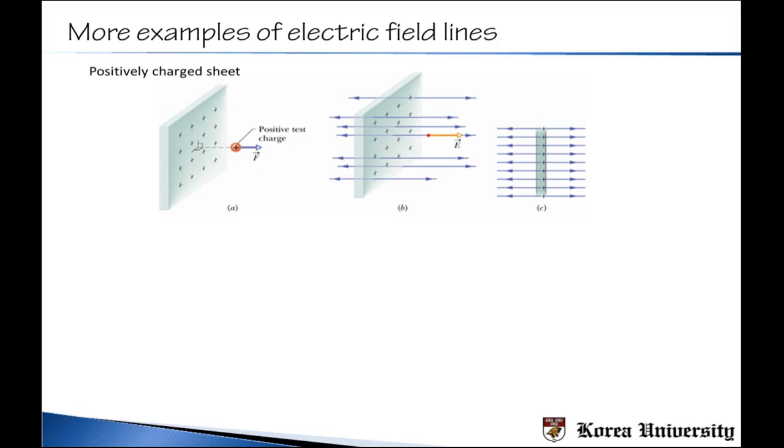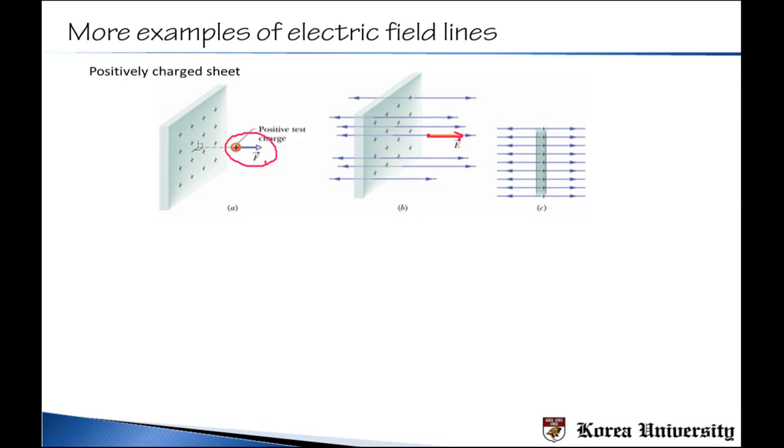Suppose that charge is positive, and you have a positive test charge. Naturally this charge will feel the Coulomb force going toward the right, instead of left. So by following the definition of the electric field, at this point the electric field direction will be to the right-hand side.